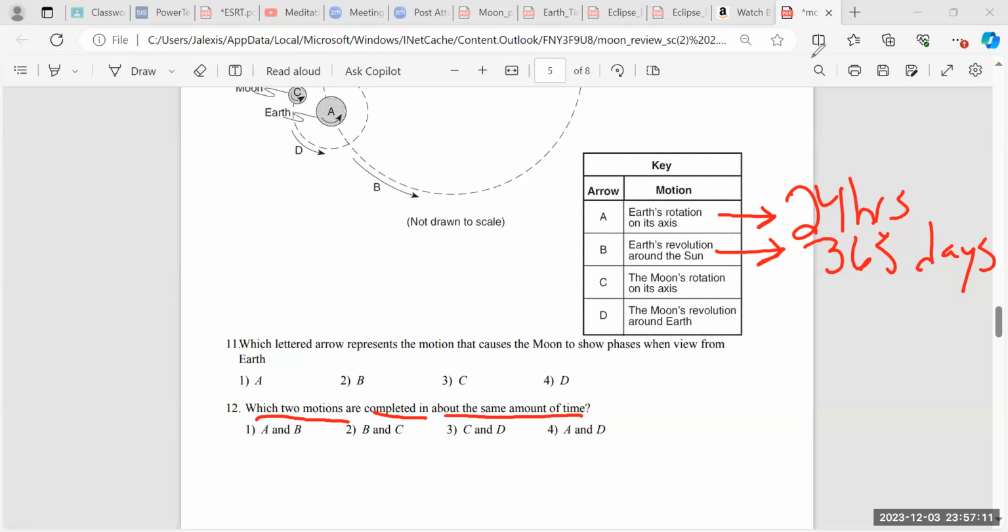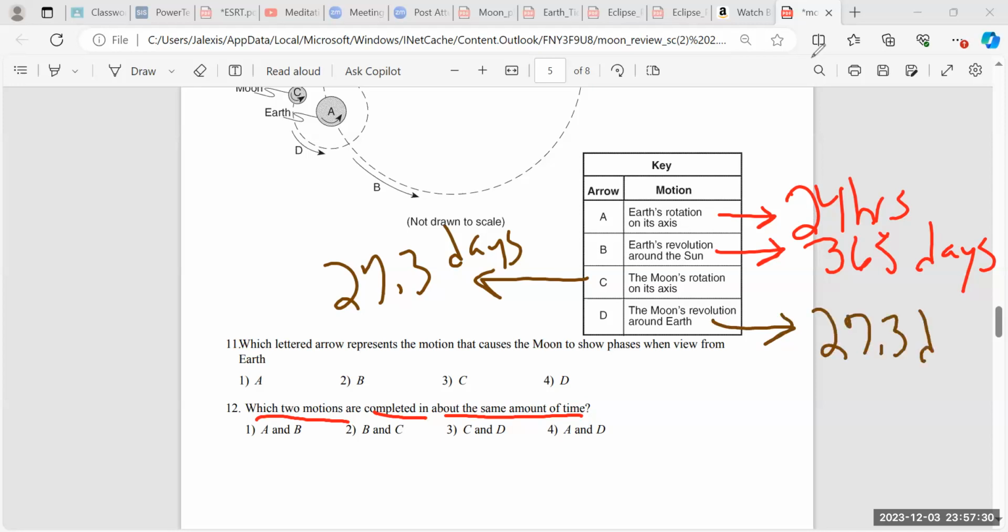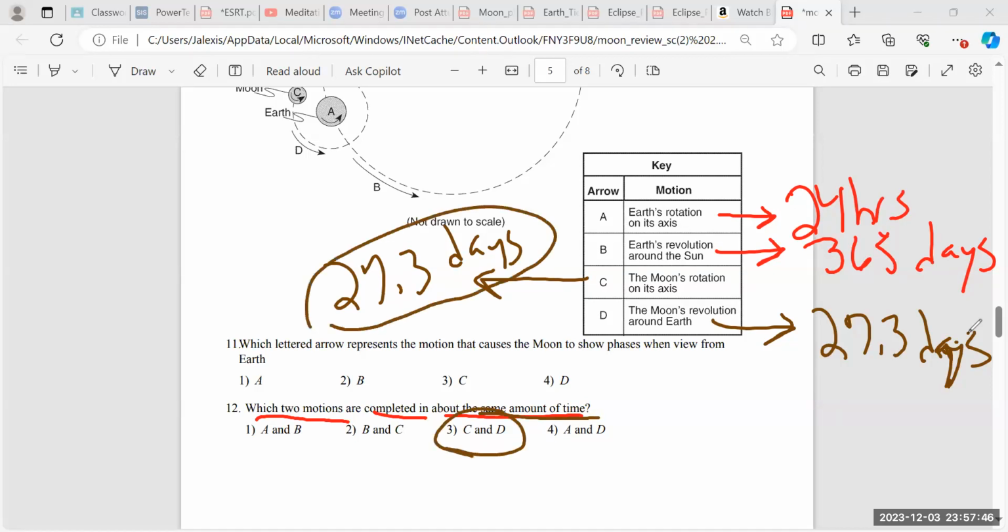How long does it take for the moon's rotation on its axis to complete one? 27.3 days. And the moon's revolution around Earth is also 27.3 days. Oops, sorry. So the correct answer, because they want to know which two motions are completed in about the same amount of time, is going to be choice C and D. The moon's rotation and the moon's revolution.